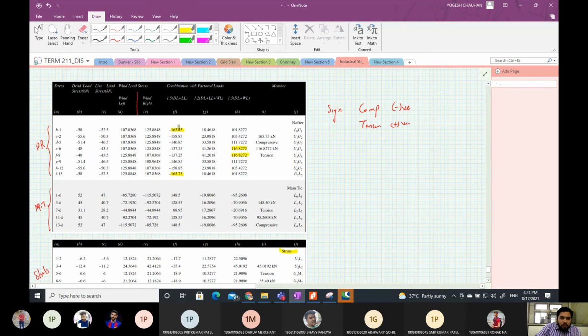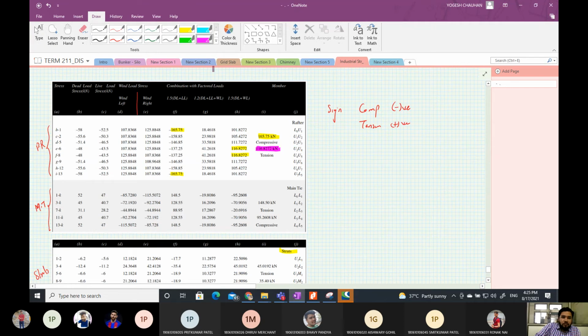So this member under gravity loading is under compression, so it should be designed for 165 kilonewton, and it should be checked for 116 kilonewton tension.